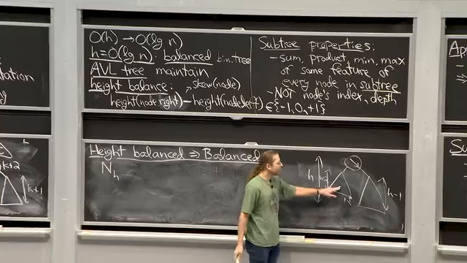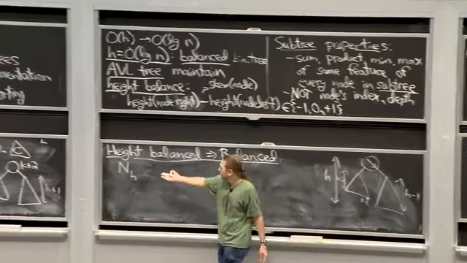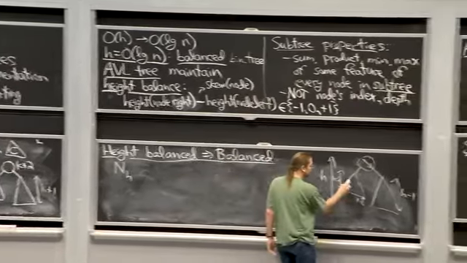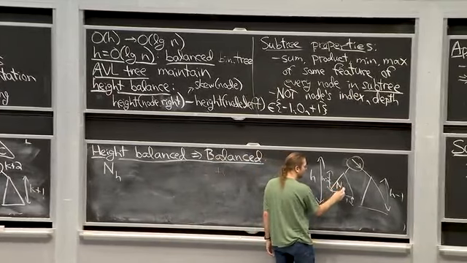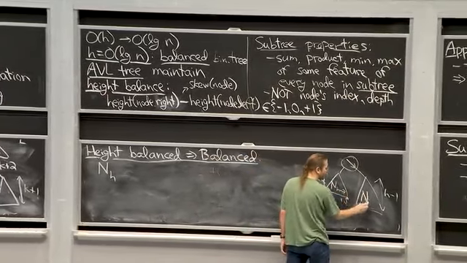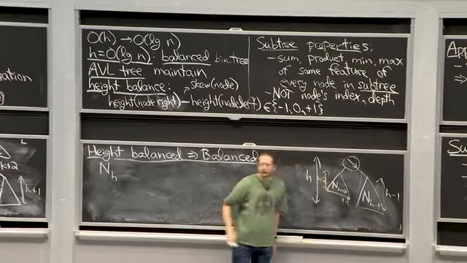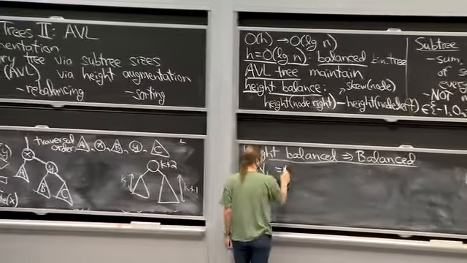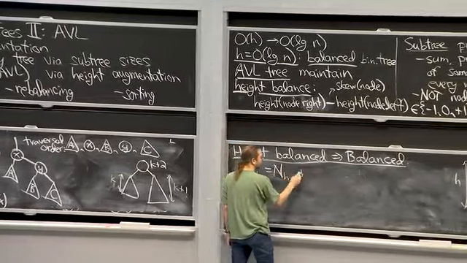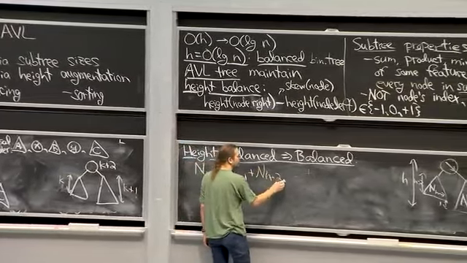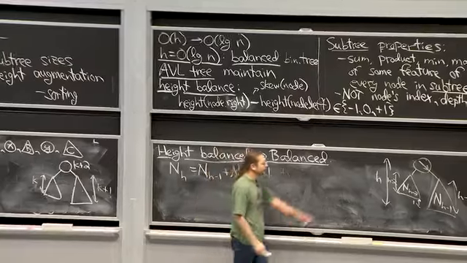Okay, so how many nodes are in here? Well, this is a recurrence I'm going to write. So this will be n sub h minus 2. This will be n sub h minus 1. And then I just count how many nodes are in this picture. It is n sub h minus 1 plus n sub h minus 2 plus 1, or this node.